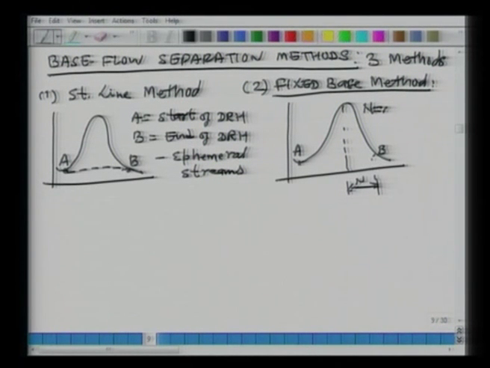It's 0.83 A to the power 0.2, where A is the area of the catchment in square kilometer.